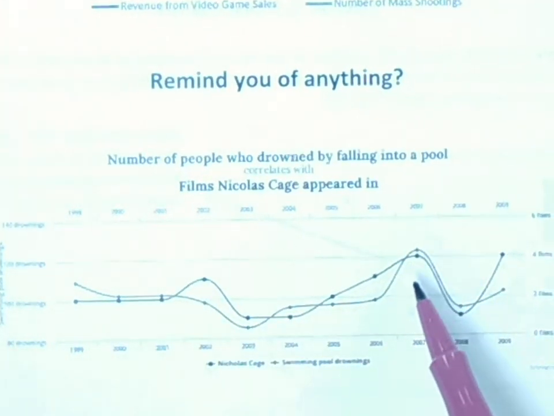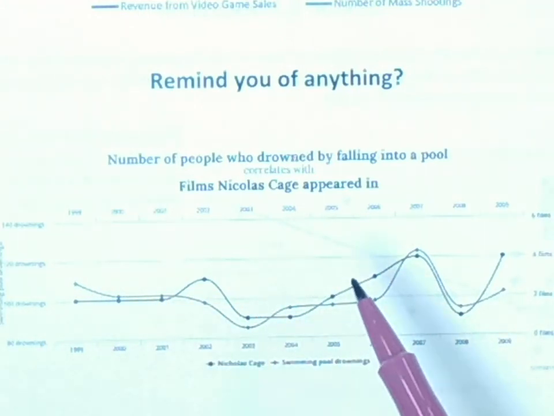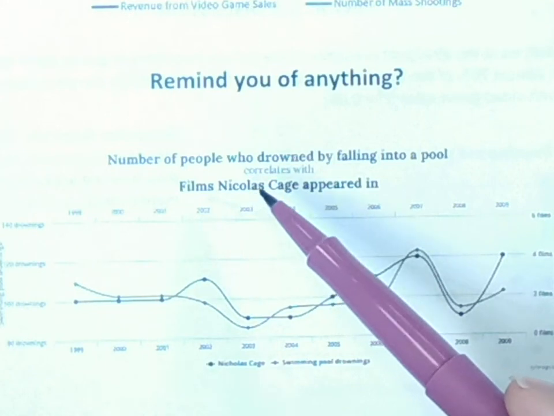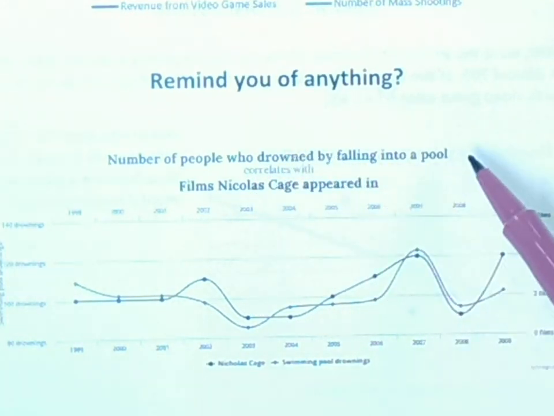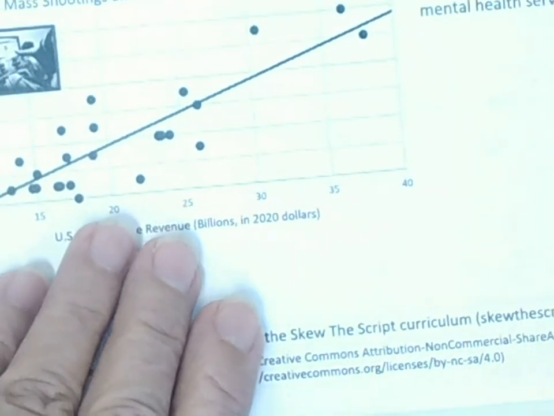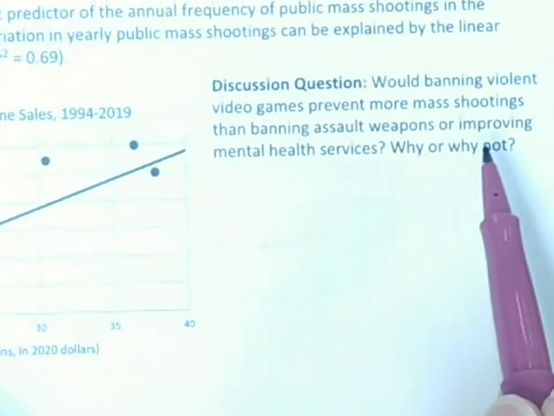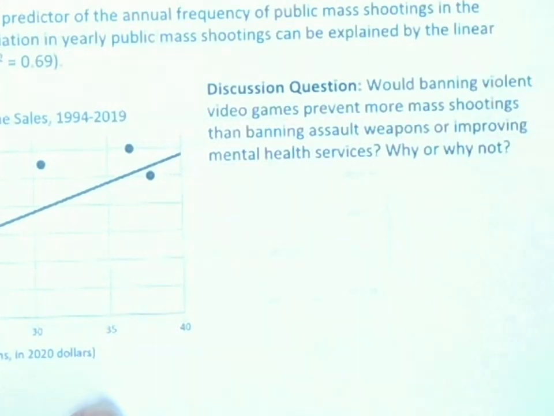I believe, if I remember correctly, it was like 0.95 was the R value. But obviously, Nicolas Cage appearing in movies does not cause people to drown by falling in their pool. So correlation is not the same as causation. So we have to be very careful, coming back to this question, about assuming that by just banning we would lower the mass shootings. We haven't shown any causation yet.